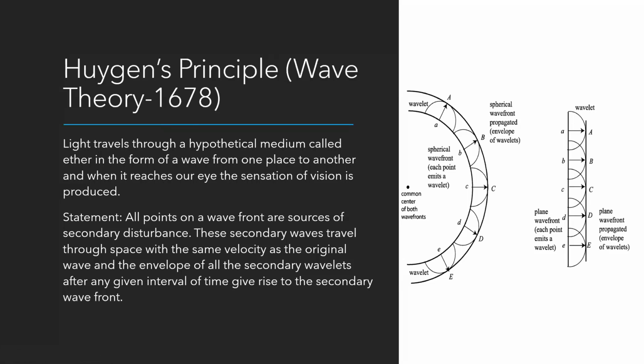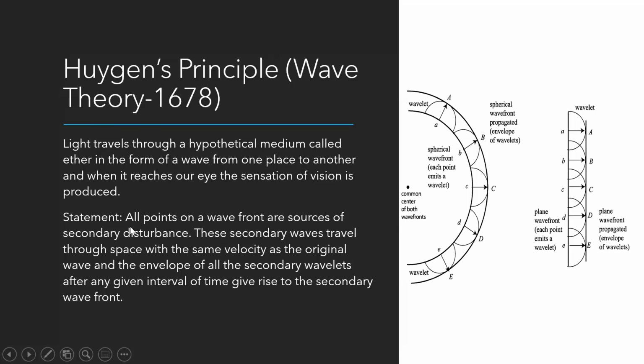In the next chapter, you will see the Michelson-Morley experiment, where they prove that this hypothetical ether doesn't exist. But back in the 1600s and 1500s, scientists believed that the whole universe is filled up with a medium called ether. So this was what Christian Huygens said.